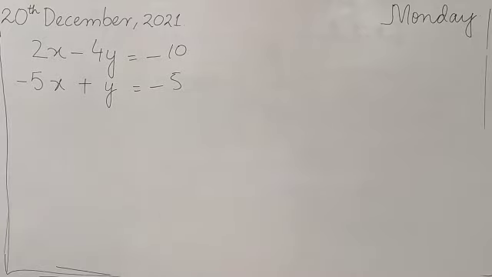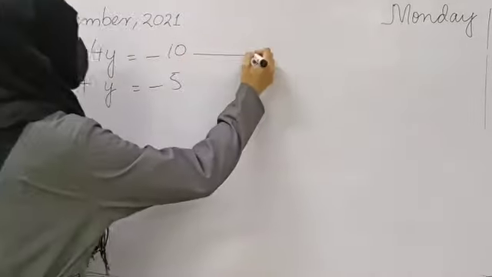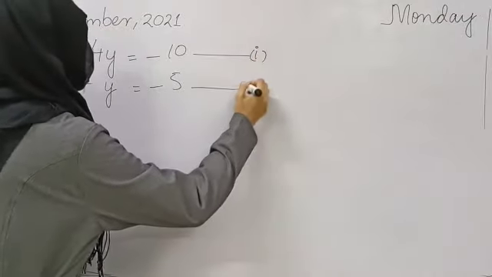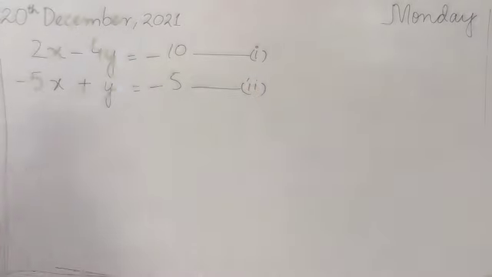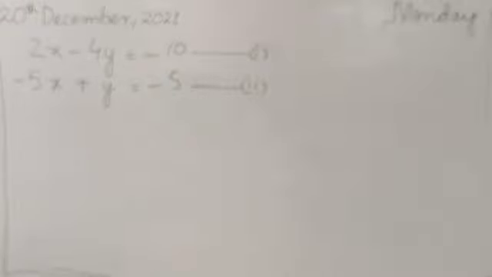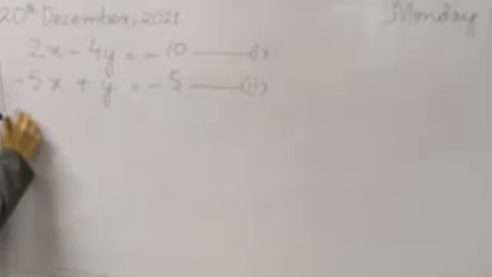Now we have two options to make the coefficient same of x or y. Okay. So what do you say? It's up to you. You can make any variable's coefficient the same. These are two equations. Equation number 1 and 2. I am making the same coefficients of x. So write the steps.